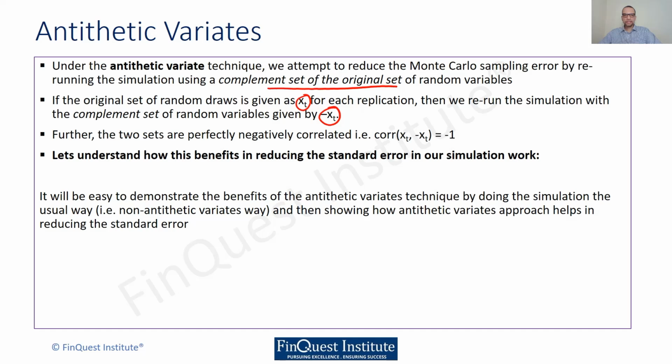To understand this, we look at an example where we don't use the antithetic variate technique first. We'll use the usual plain simulations, and then we'll see what is the benefit of having an antithetic variate example so that it brings down the overall sampling error. So let's see how it works.